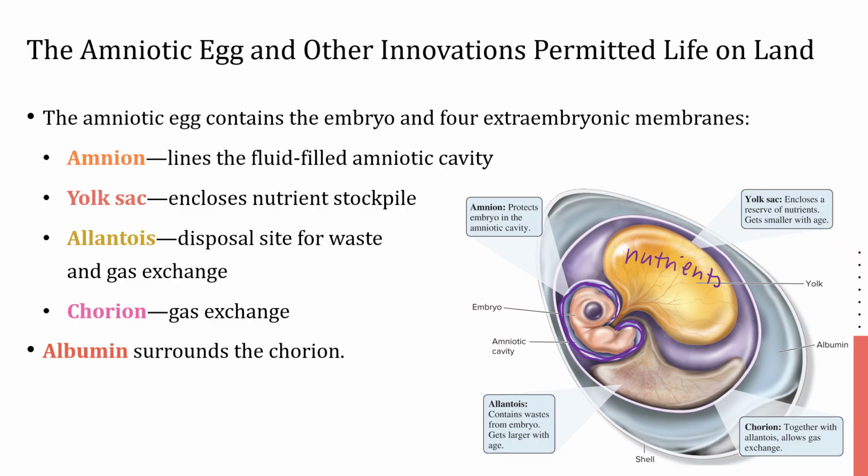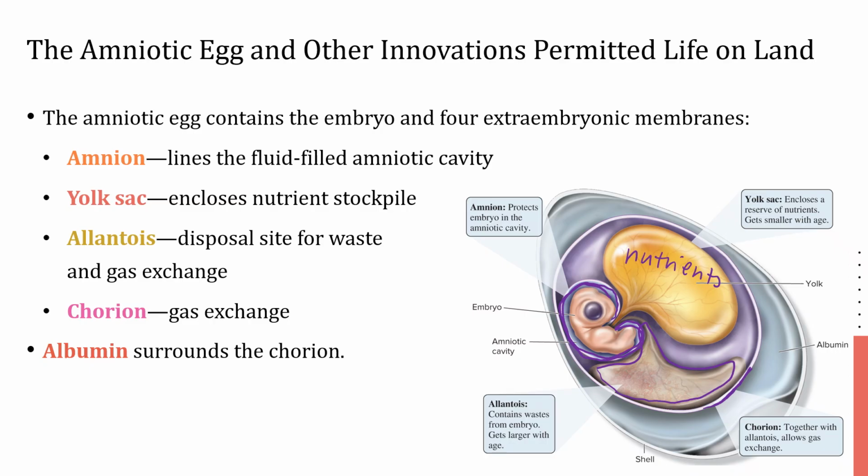Around the yolk and the embryo, we have the chorion, which is this light purple layer surrounding those regions. And then this sac structure called the allantois. Both the chorion and the allantois are important for gas exchange to allow the embryo to release carbon dioxide and to bring oxygen in.